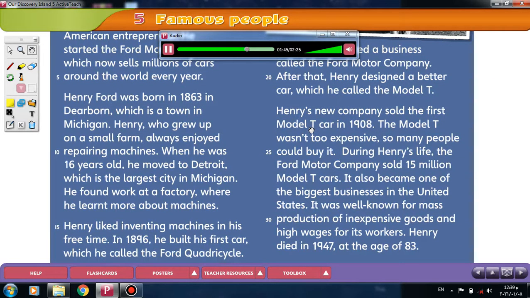The Model T wasn't too expensive, so many people could buy it. During Henry's life, the Ford Motor Company sold 15 million Model T cars. It also became one of the biggest businesses in the United States. It was well known for mass production of inexpensive goods and high wages for its workers. Henry died in 1947 at the age of 83.